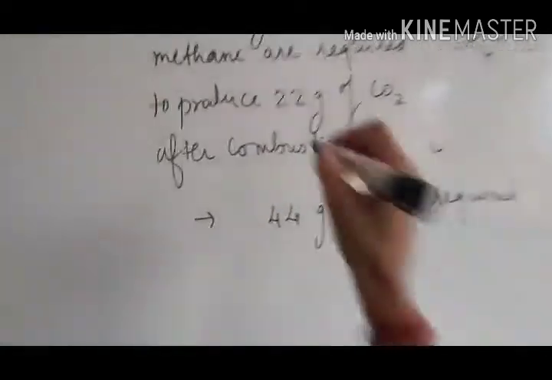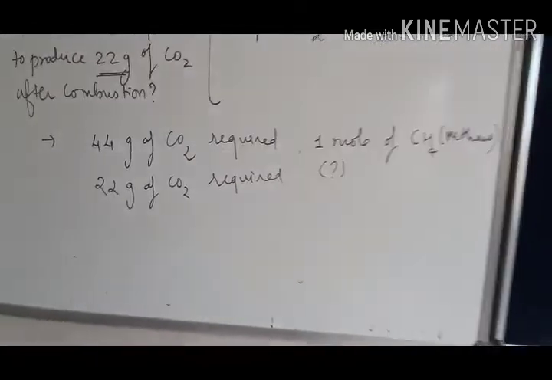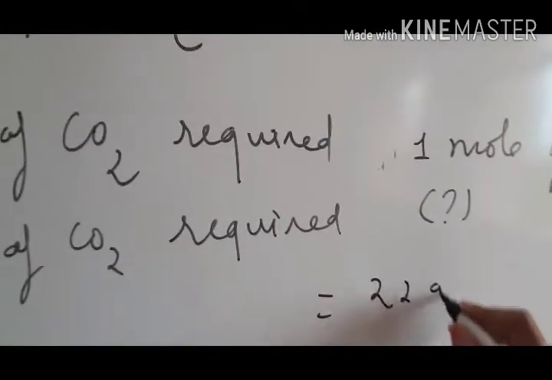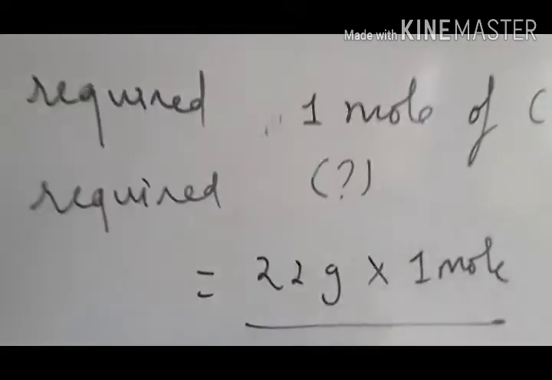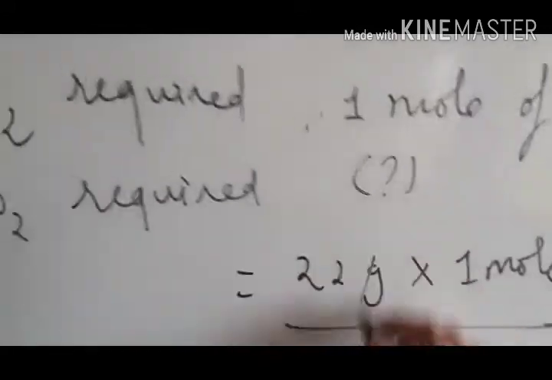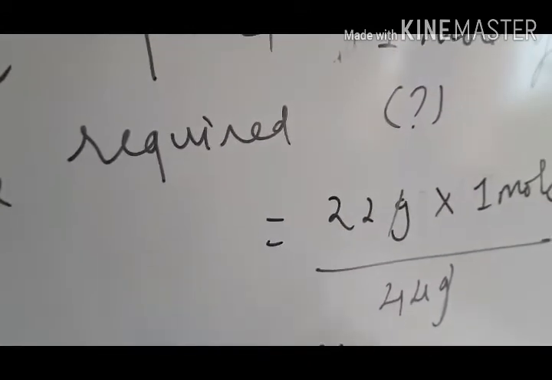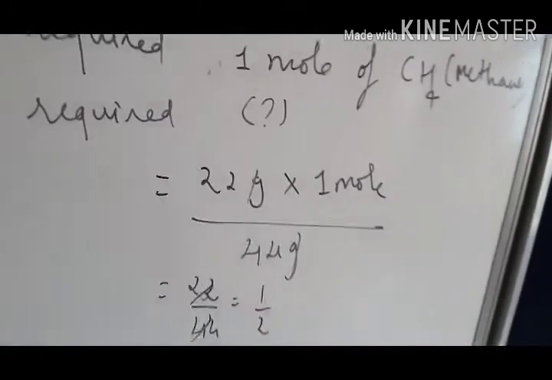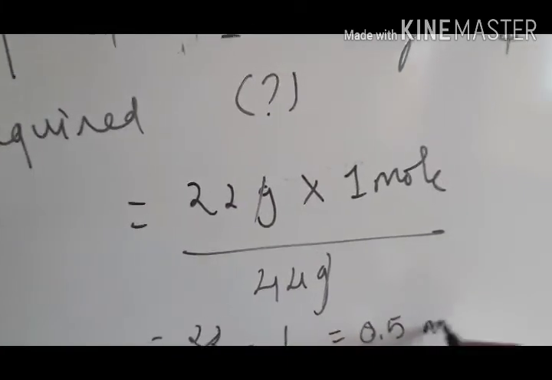So here the amount given is 22 gram of CO2. How many moles are required? So 22 gram times 1 mole upon 44 gram, grams cancel, 22 upon 44, 22 twos are 44, so 1 upon 2, so we have 0.5 mole.